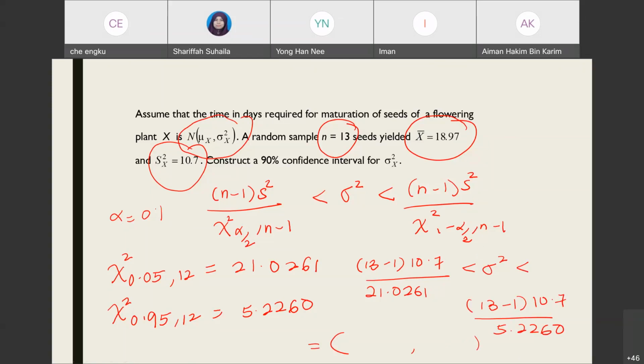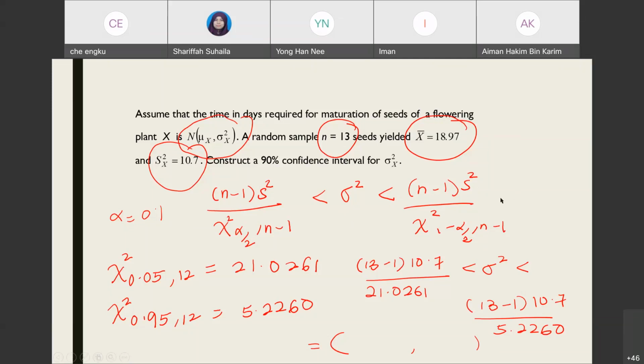In the case of unknown parameter mu and also unknown population variance, we estimate sigma square using n minus 1: n minus 1 S square over chi square alpha over 2, n minus 1, less than sigma square, less than n minus 1 S square over chi square 1 minus alpha over 2, n minus 1 degrees of freedom.